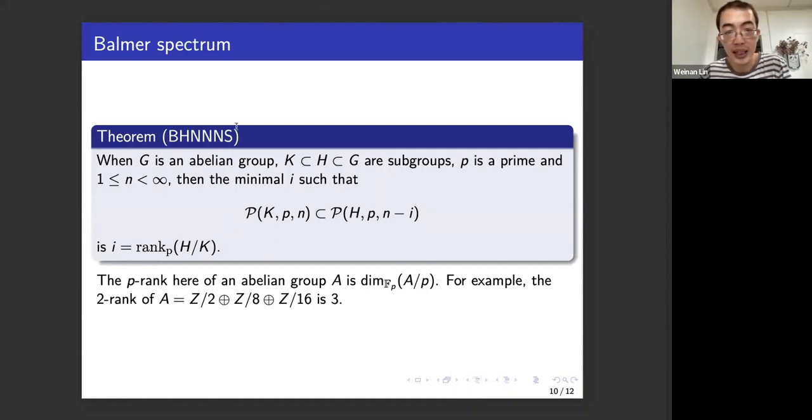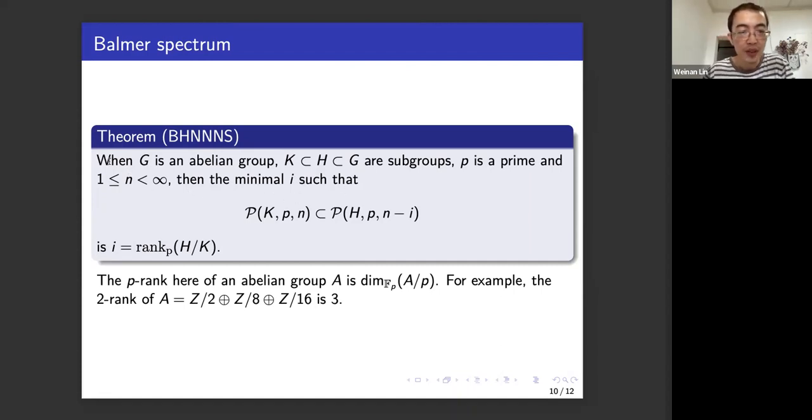But later there are 6 authors. Sorry that I don't know how to pronounce all of those names. You can find those names in the reference. The 6 people figured out the inclusion relation between them in, I think, a beautiful form.